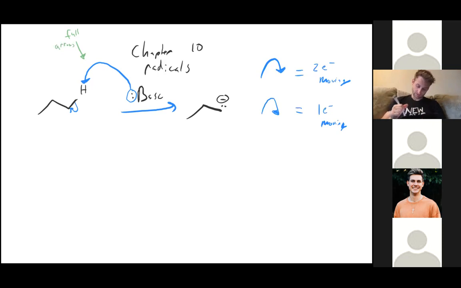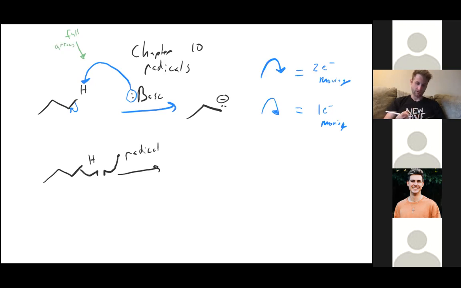So when we're doing these hydrogen extractions with radicals, we're going to show an electron moving with a half arrow and another electron moving.